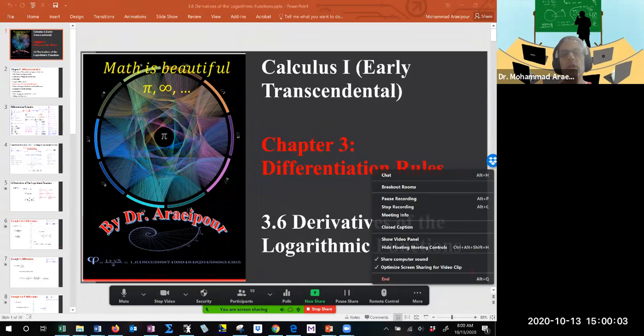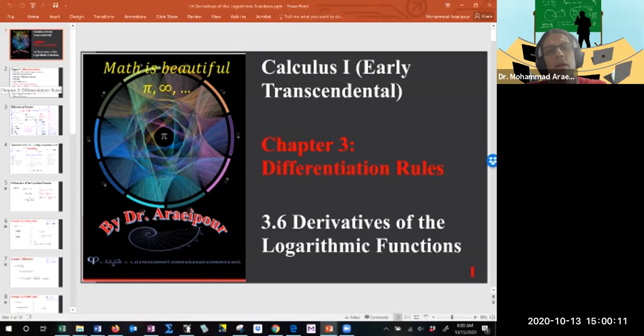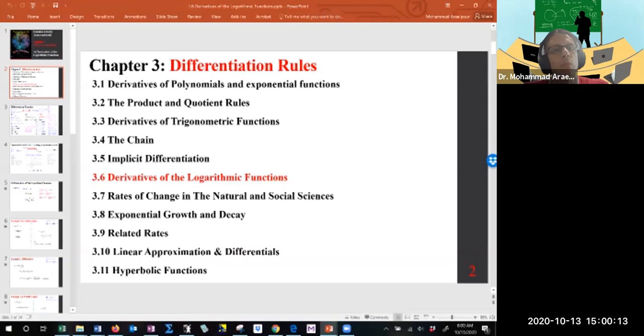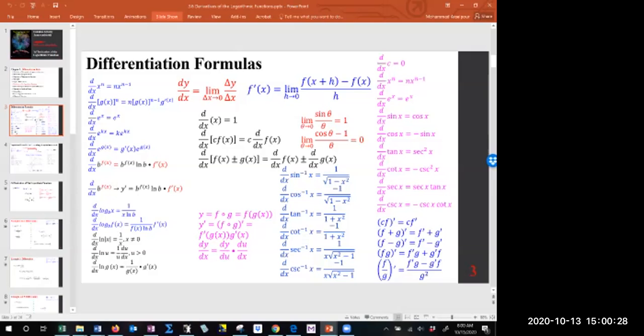Well, in class, we are looking at section 3.6, derivatives of logarithmic functions. We covered a bunch of sections here, and as a result, there are a lot of differentiation formulas we need to know. We are adding more as of this section.